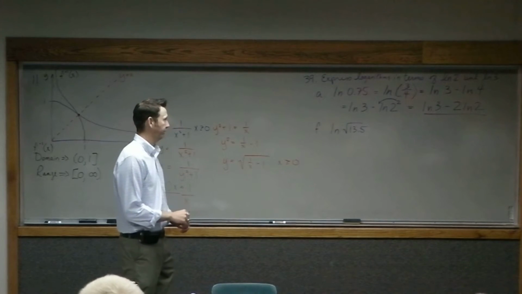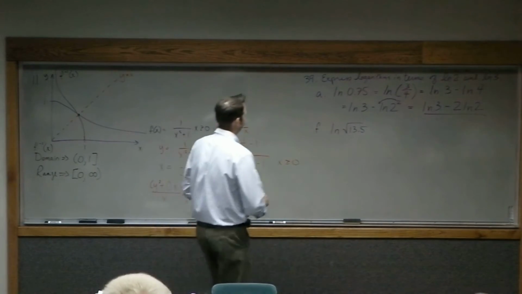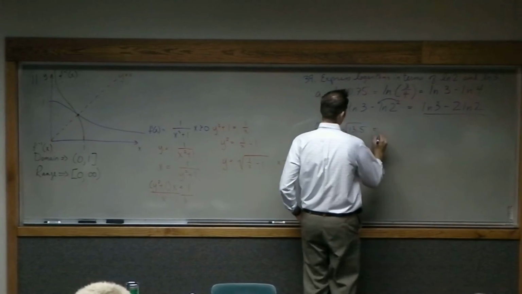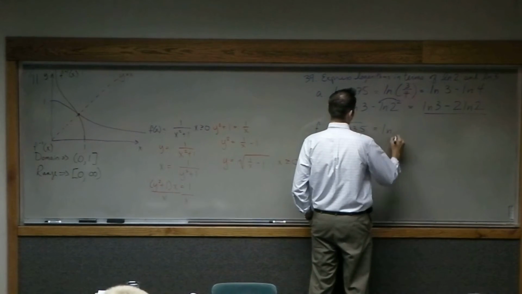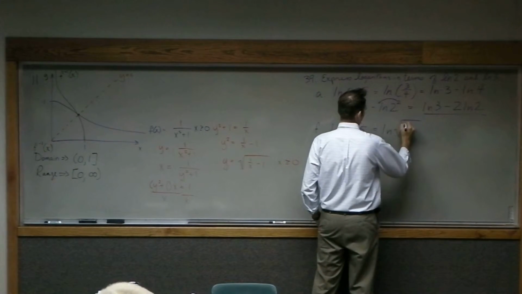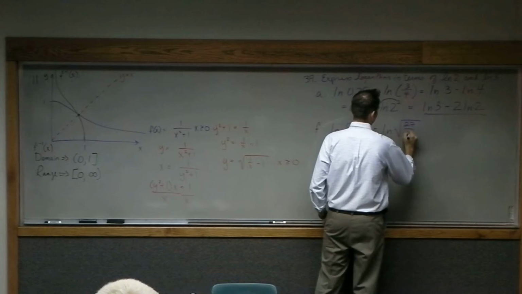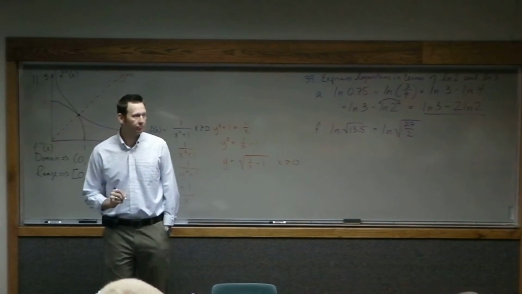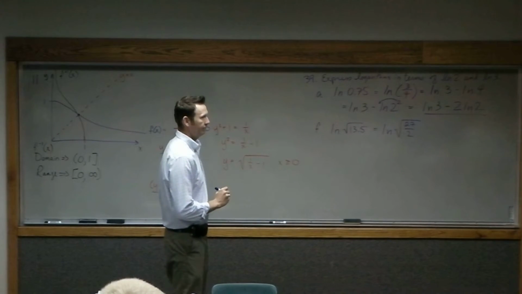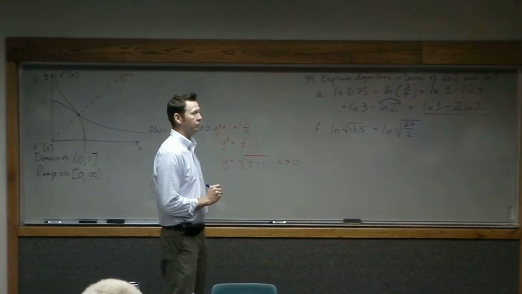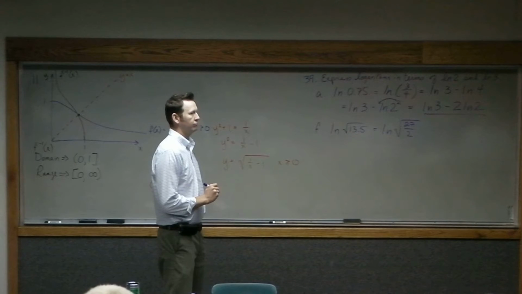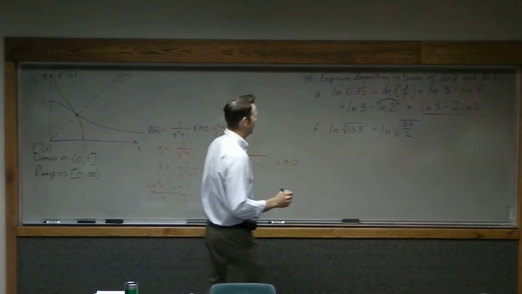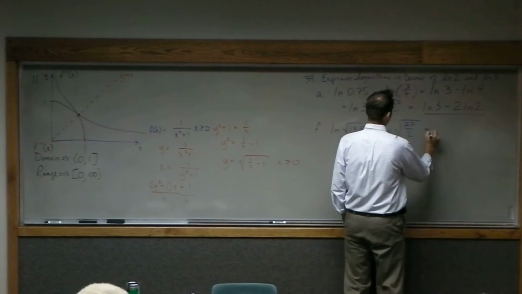Okay, do that. Over 2? And then you get rid of the square root. I'll put a negative one in front of the, negative 1 just kidding. Yeah, 1/2 in front of it, to the power.